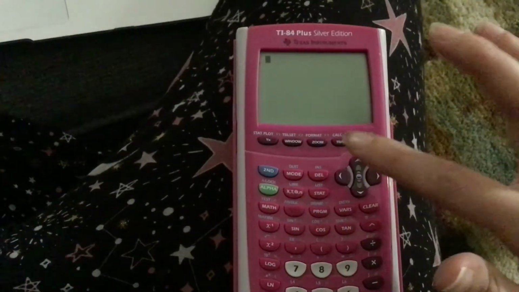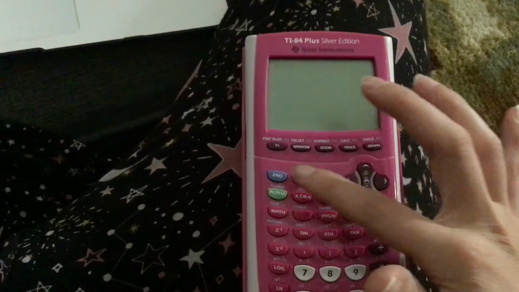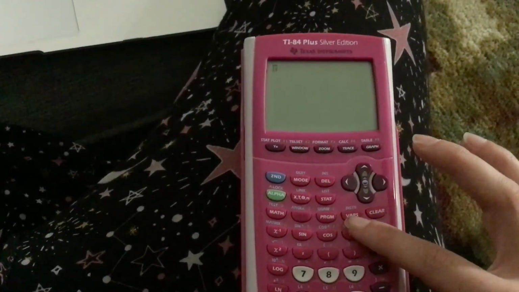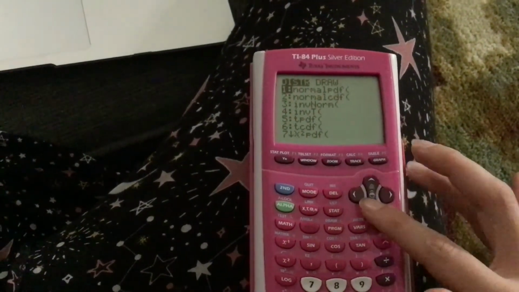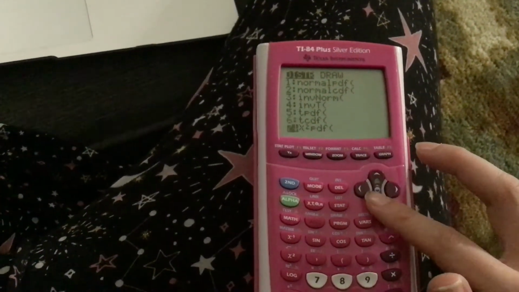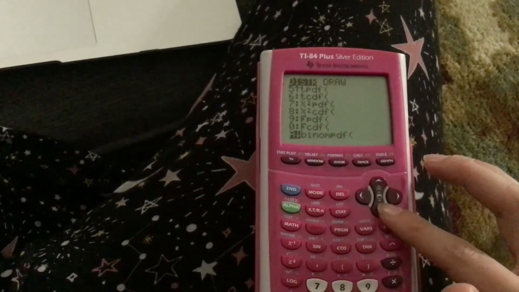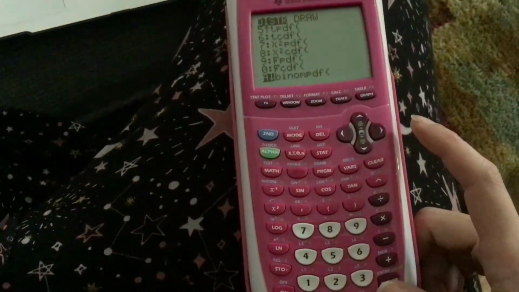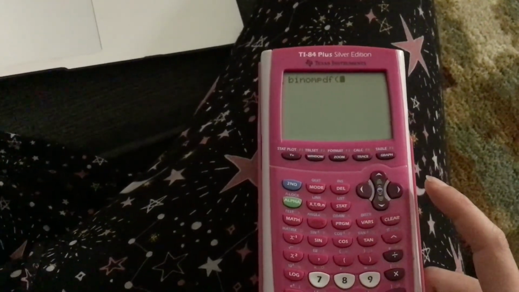Okay, so the binomial probability formula is programmed into your calculator. So how you actually get to it is you hit your second button, and then you go to the variables button and hit it. And then you want to scroll all the way down until you get to A, which is binomPDF. And then go ahead and hit enter. You will have to type it in the correct order.